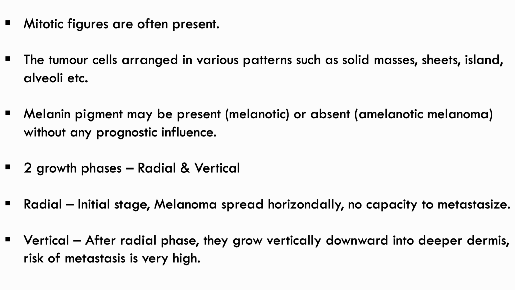Here melanoma spreads horizontally and it does not have any capacity to metastasize. Vertical occurs after the radial phase, and in this phase they grow vertically downwards into the deeper dermis, and in case of vertical growth the risk of metastasis is very high.